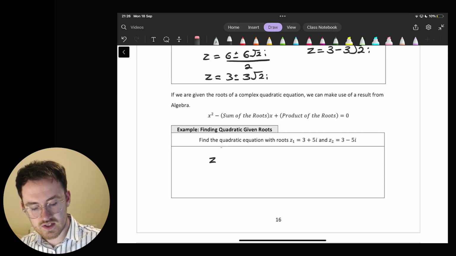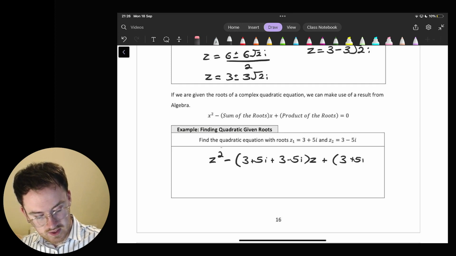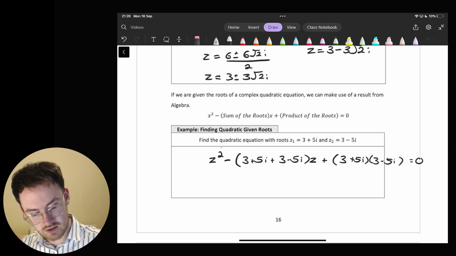So if we use this formula here, z squared minus the sum of the roots, so 3 plus 5i plus 3 minus 5i, z plus the product of the roots, so 3 plus 5i by 3 minus 5i, and that's going to be equal to 0.